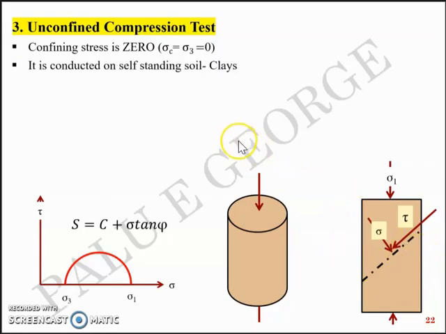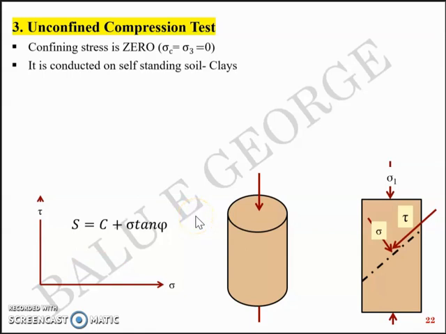It is conducted on self-standing soil or clay soil because it needs cohesiveness to stand on its own when prepared in the shape of a cylinder. If you have sandy soil, it will not have the property to stand on its own. It will fail even before testing.